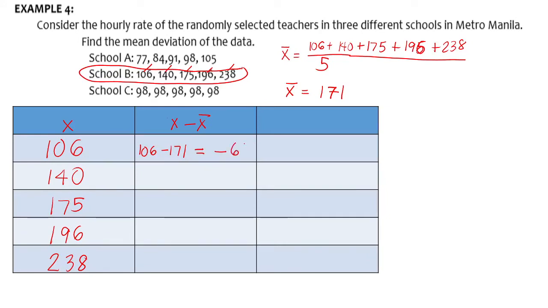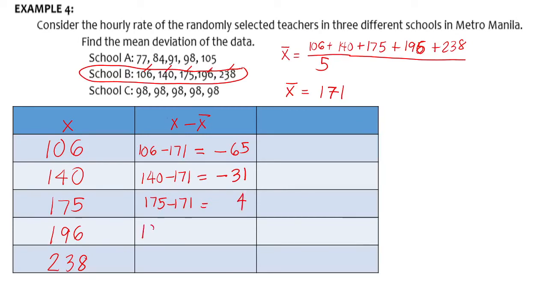Negative 65. What about 140 minus 171? Negative 31. What about 175 minus 171? 4.